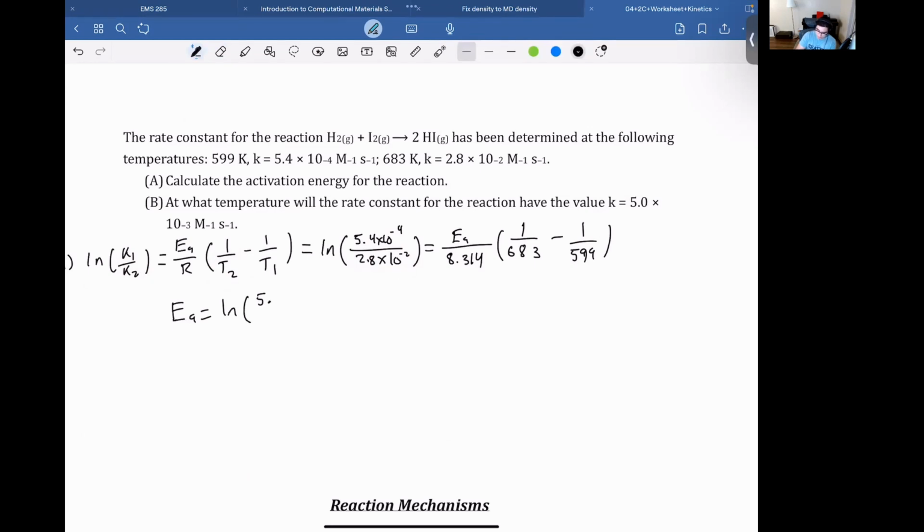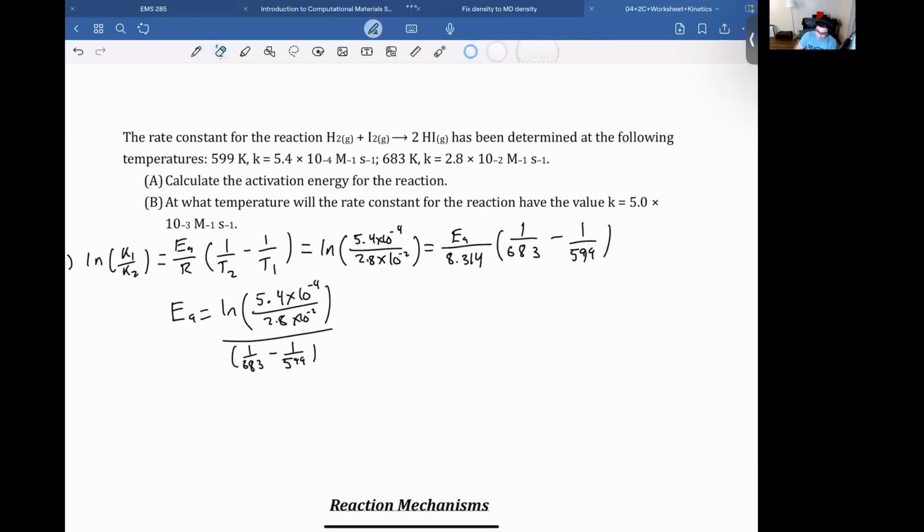So 5.4 times 10 to the negative fourth, 2.8 times 10 to the negative 2. You can simplify this fraction if you want. I'm just going to leave it in. Divide by that, 1 over 683, 1 over 599, because it's multiplying by the activation energy.